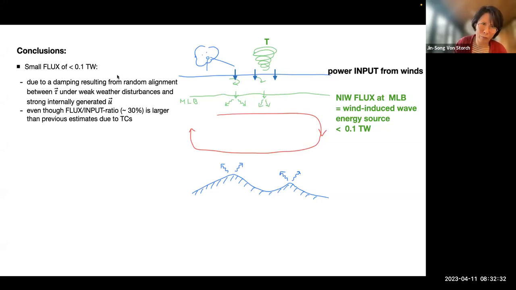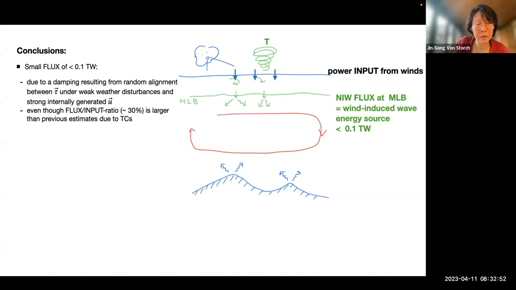And therefore we quite often have situations where the wind stress and surface current are not aligned in the way you would have with a slab ocean. And that gives you this weak input.